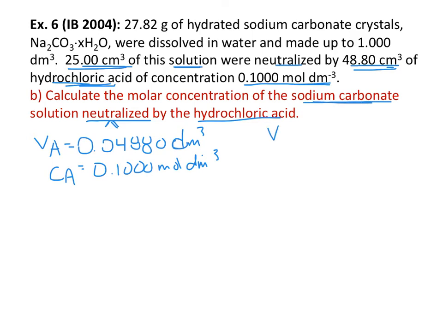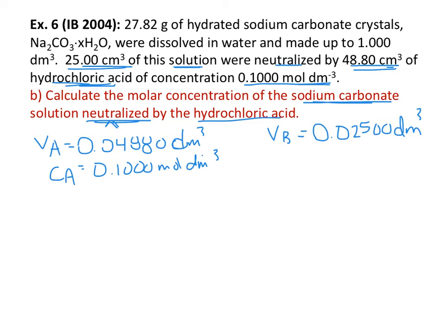Do I necessarily think you should know off the top of your head that sodium carbonate is a base? No, but the fact is it's being neutralized by hydrochloric acid. So is it a base? Of course. And again, I'm going to go ahead and convert this volume: 0.2500 decimeters cubed. So that's kind of my starting point.